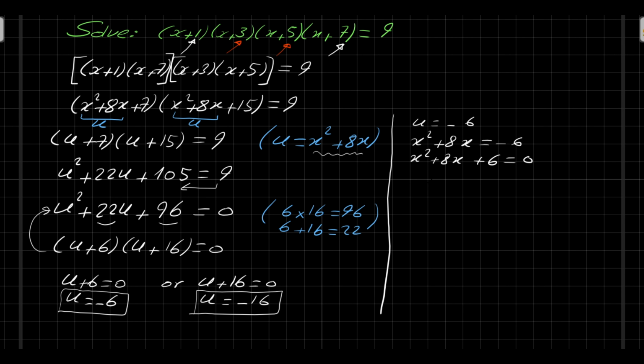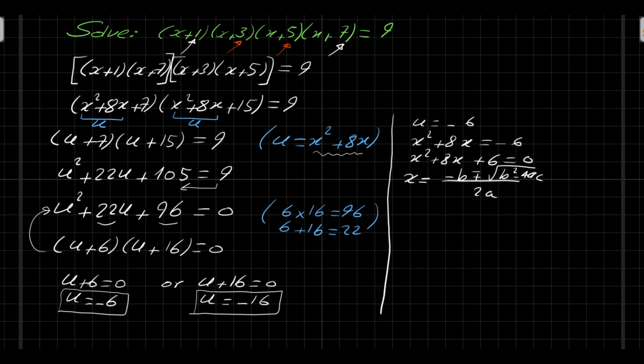And to get the roots here, we use the formula x equal negative b plus or minus square root of b squared minus 4ac over 2a.